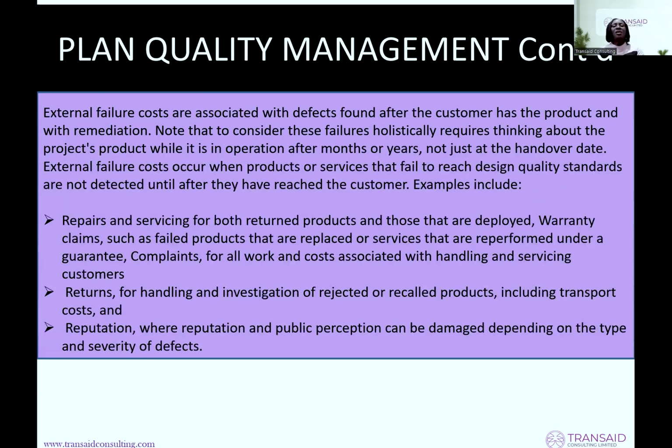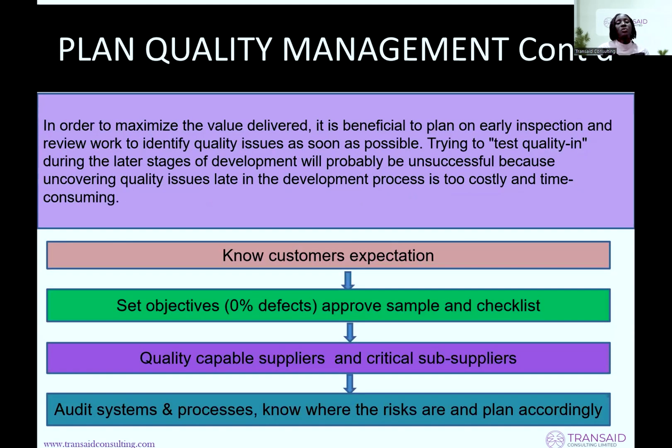Then the external failure costs are the costs that you incur after the customer has received the product. Some of them can sue you. You will spend money on returns. Your reputation is at stake. So please, when you are planning for quality, you must take into consideration the cost of quality. In order to maximize the value you deliver quality-wise, you must plan.